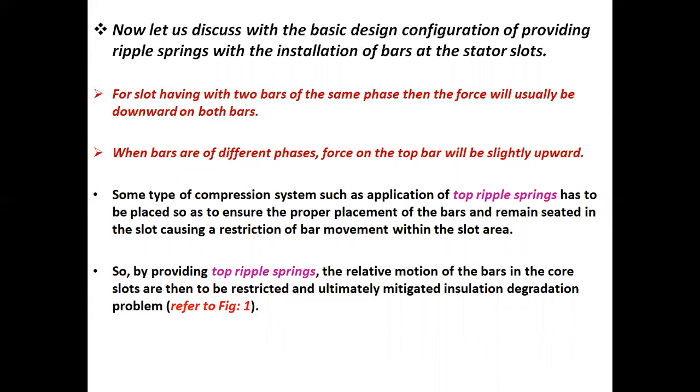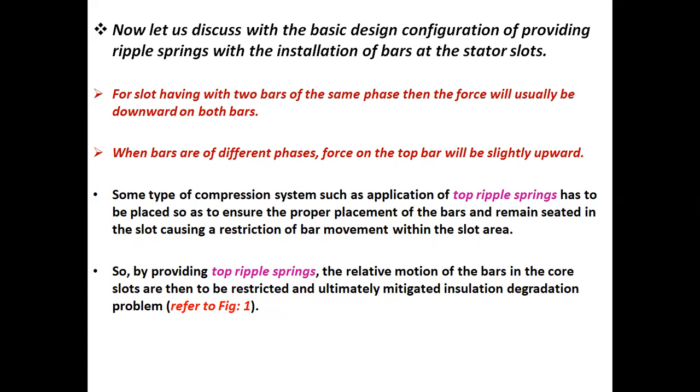For a slot having two bars of the same phase, the force will usually be downward on both bars. When bars are of different phases, the force on the top bar will be slightly upward.